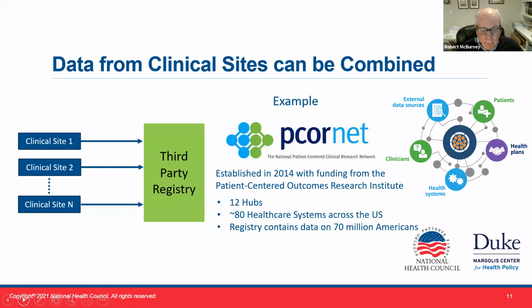It involved 12 hubs, sort of super systems. And underneath those 12 hubs, there are 80 healthcare systems across the United States that are contributing to the PCORNet data. And that registry currently contains data on 70 million Americans. So this has been a tremendous achievement in the past 6 or so years to create this national resource. Next slide, please.